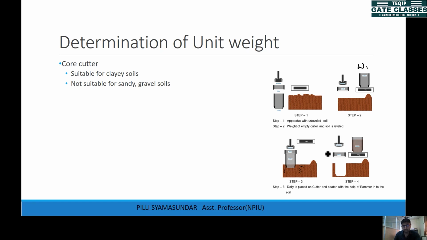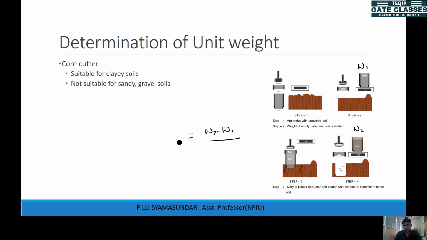So this core cutter will have soil inside now, and this is the hole left behind. Now you measure the weight of this core cutter again, which is W2. So W2 is greater than W1, and the weight of soil inside the core cutter is W2 minus W1.